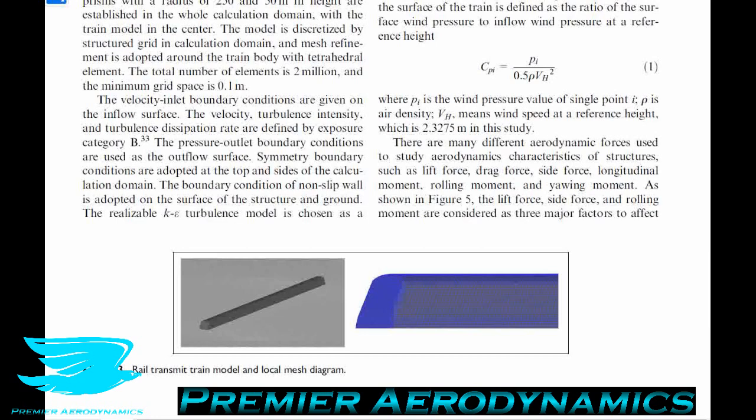Then you have on top of that the crosswind. So the boundary layer will be thicker here because they have the entire ground as a non-slip, and then you have the wind from the crosswind plus the relative motion between the train and the air coupled into that as well.